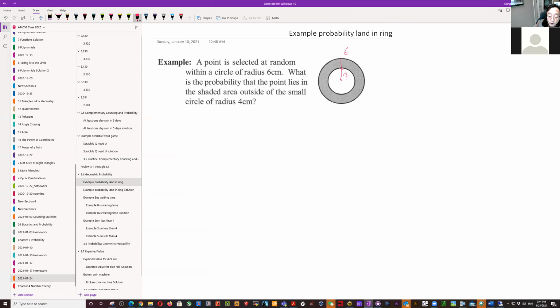So basically we do this problem just by the total area, which is pi R square, with R the big radius. And then the ring is pi R square minus pi r square.